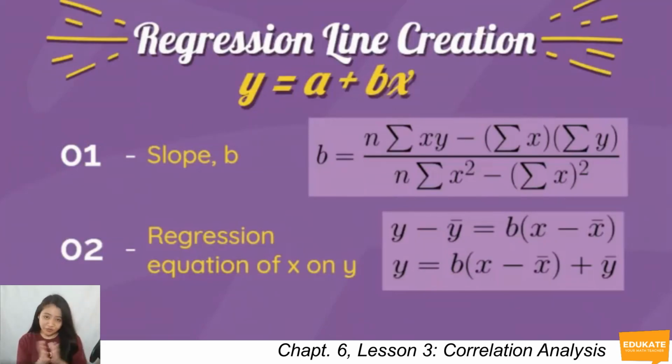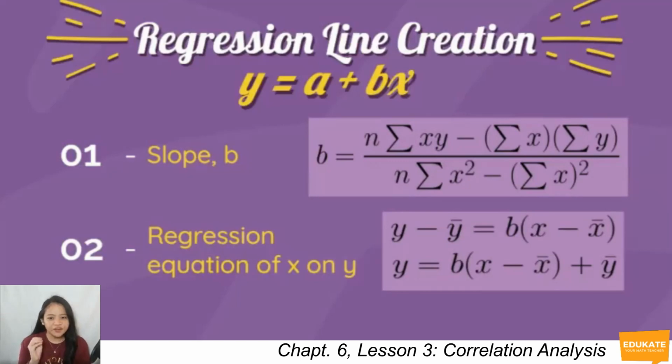In computing for the slope of the regression line, the regression coefficient of the independent variable on the dependent variable, we use the formula b is equal to n, your sample size, multiplied by the summation of xy minus the product of the summation of x and the summation of y, all over n multiplied by the summation of the squares of x minus the square of the summation of x, where n is the sample size, x is the independent variable, and y is the dependent variable.